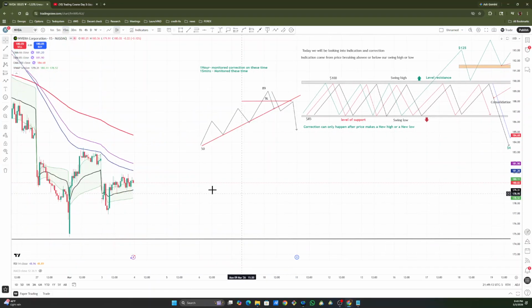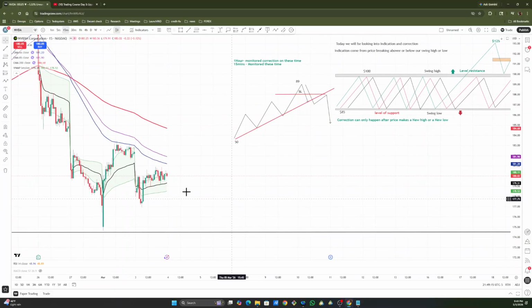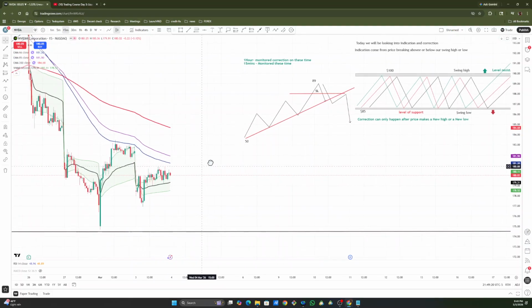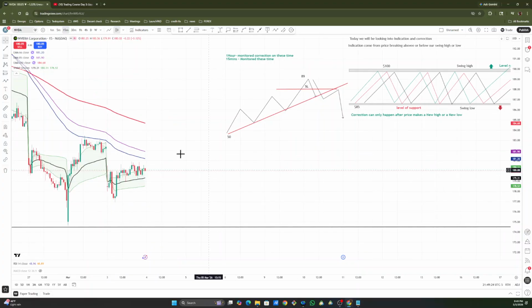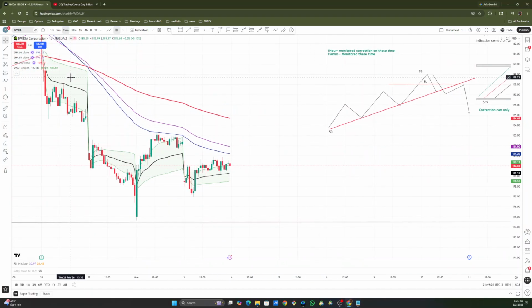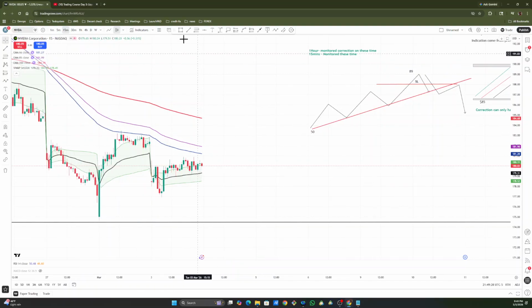I don't really do stocks that much because it creates a lot of gaps, and sometimes it takes time before they close this gap. Like as you can see right here, this is 15 minutes. All this market is doing right now is moving sideways. It's creating swing high, swing low, swing high, swing low.